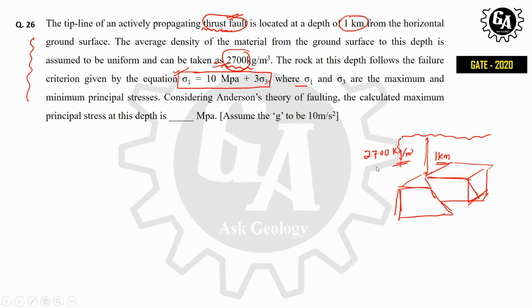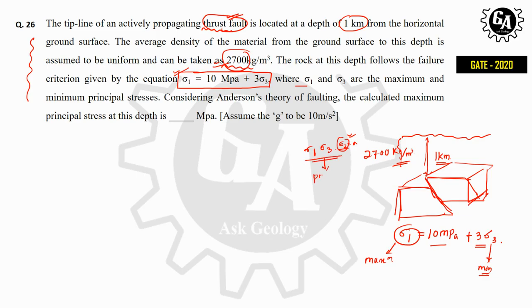And they are also giving the faulting criterion, which follows the equation sigma 1 = 10 MPa + 3 sigma 3, where sigma 1 is the maximum principal stress and sigma 3 is the minimum principal stress. All of you know this sigma 1, sigma 3. We are considering a planar case, that's why sigma 2 is considered to be 0.